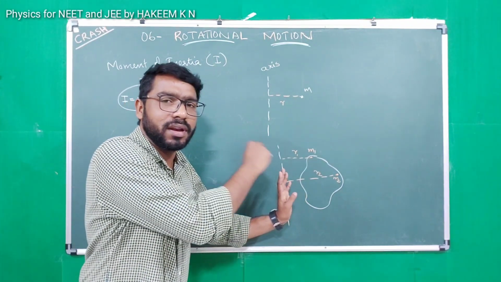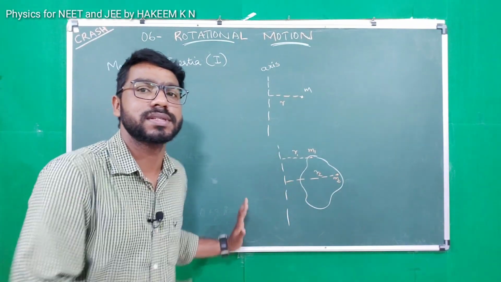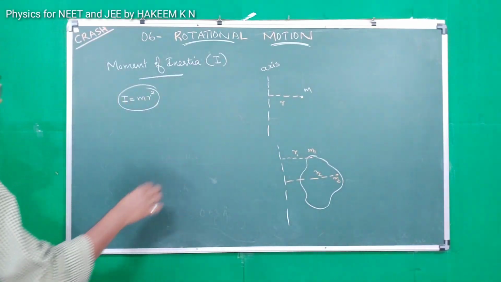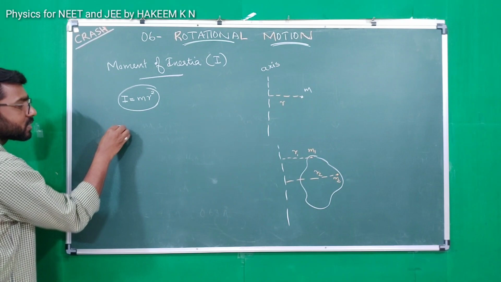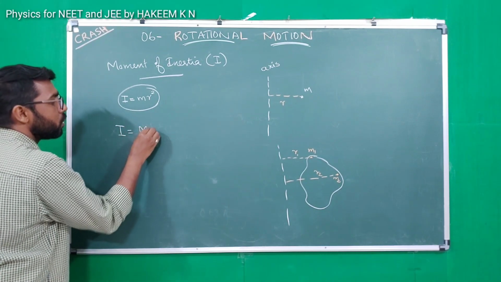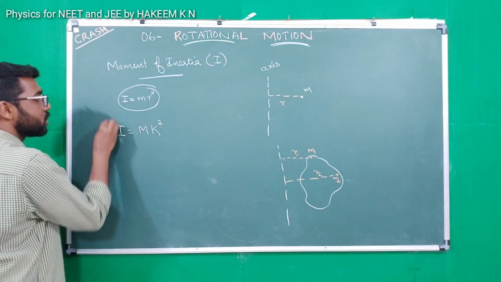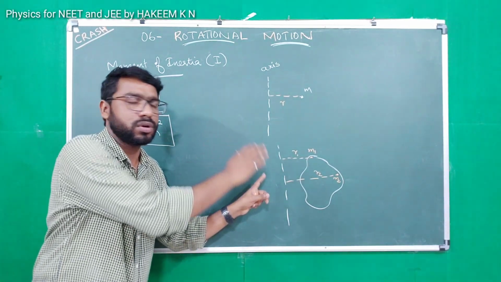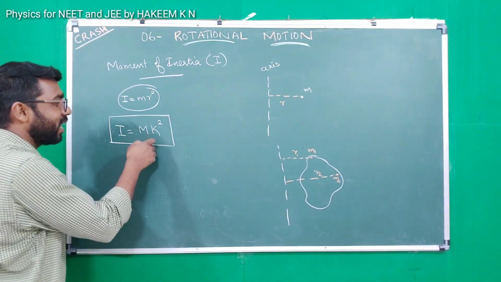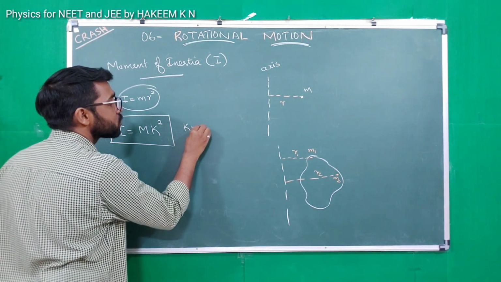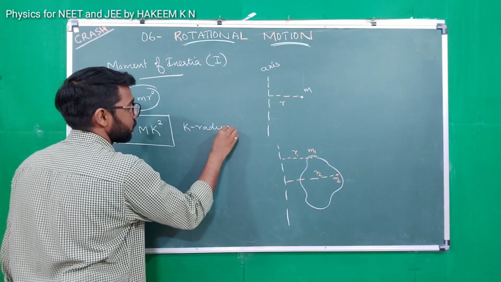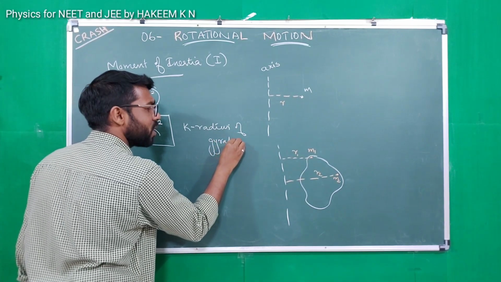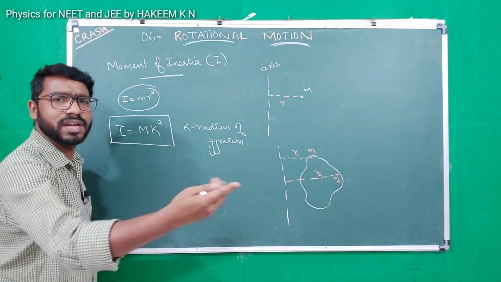Like that, different point masses of the body possess different distances from the axis of rotation. In that case we say moment of inertia equals total mass into k square. Capital M denotes the total mass of the body and k denotes the radius of gyration.